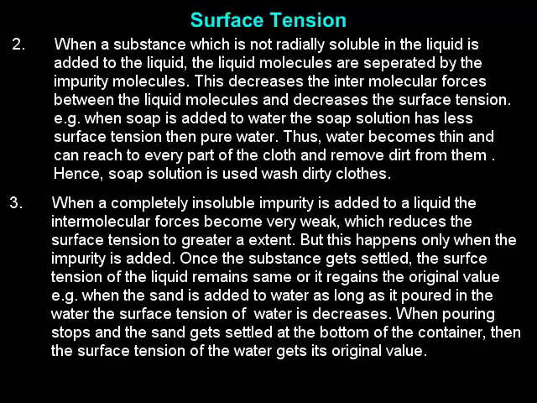For example, when sand is added to water, as long as it is poured in the water, the surface tension of water decreases. When pouring stops and the sand gets settled at the bottom of the container, the surface tension of water gets its original value.